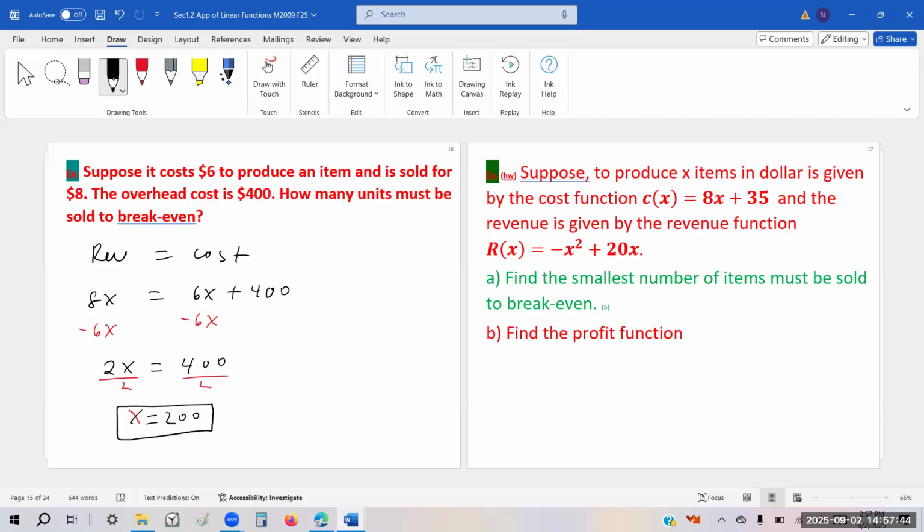Revenue, cost, revenue. Cost is revenue minus cost. Right. Yeah, how do you calculate? What's the formula for profit?